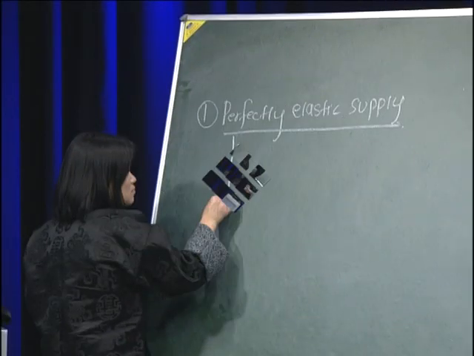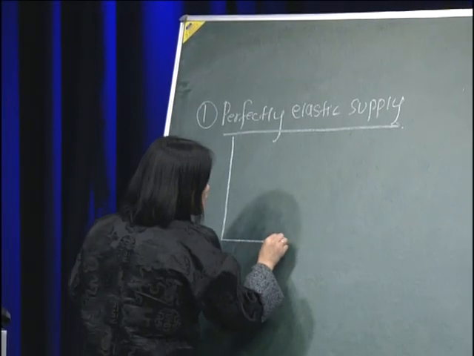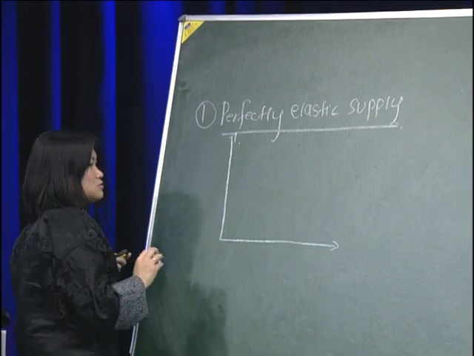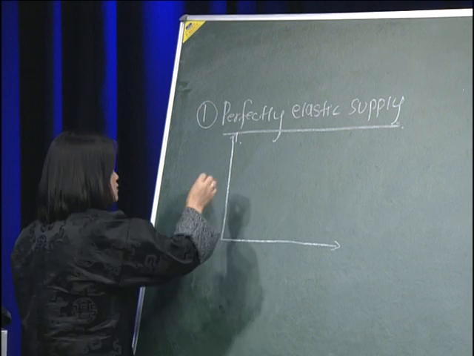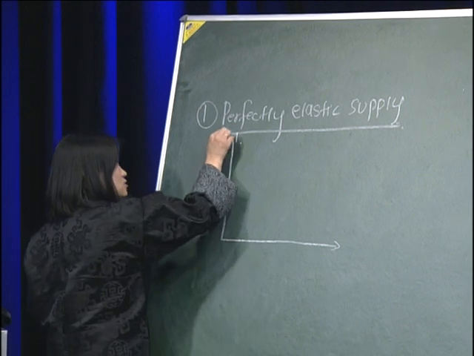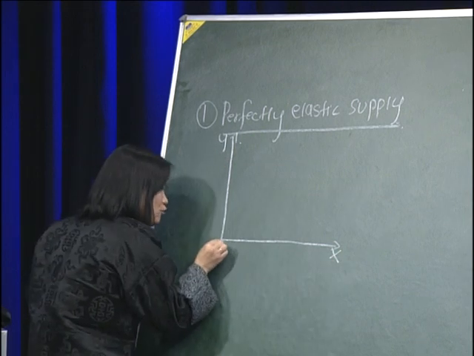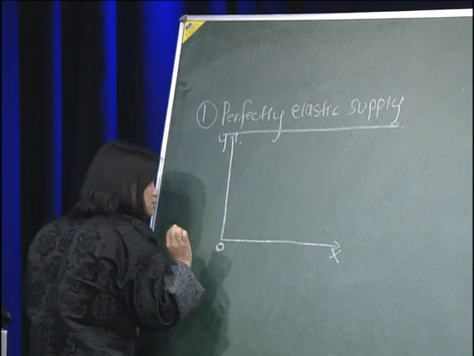Let's look at perfectly elastic supply with the help of a graph. So now let's label the graph. This is the y-axis, this is the x-axis, and I have O here, that's the point of origin.